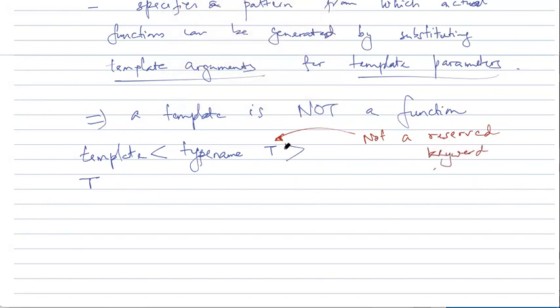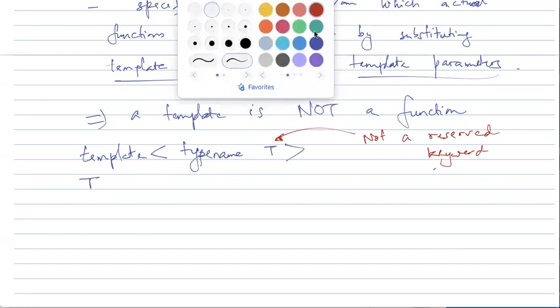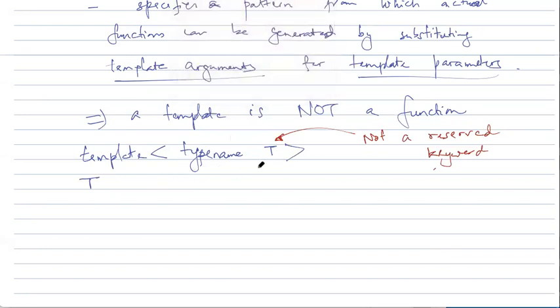Okay, you can choose anything. You can choose Y, Z, whatever you want. You can choose to represent with a word also. Okay, but it is a very common notation to use a T. So template typename T, and this T can be any type effectively.